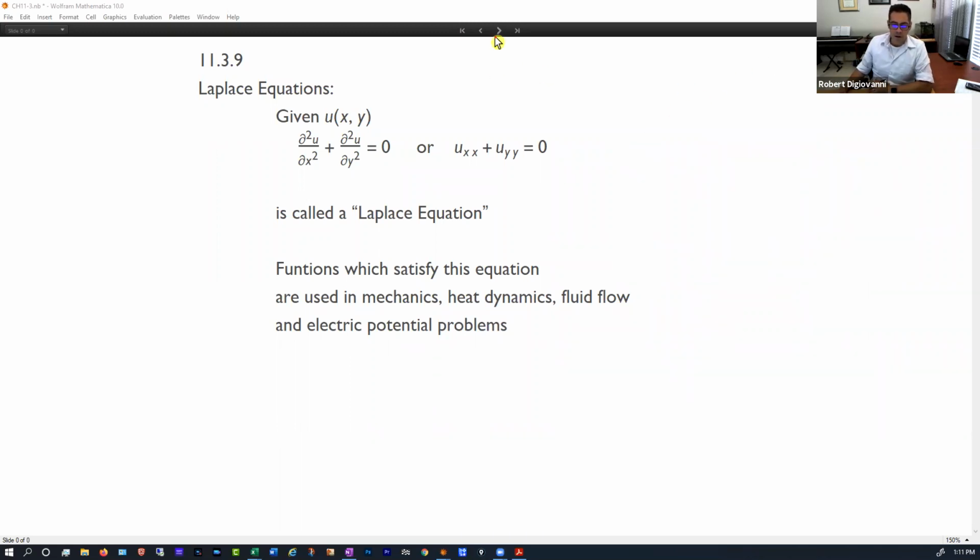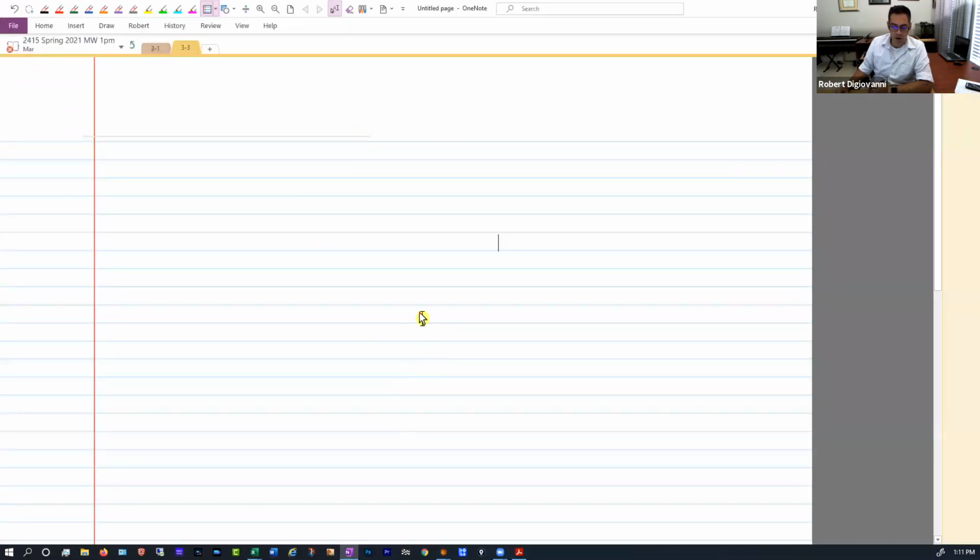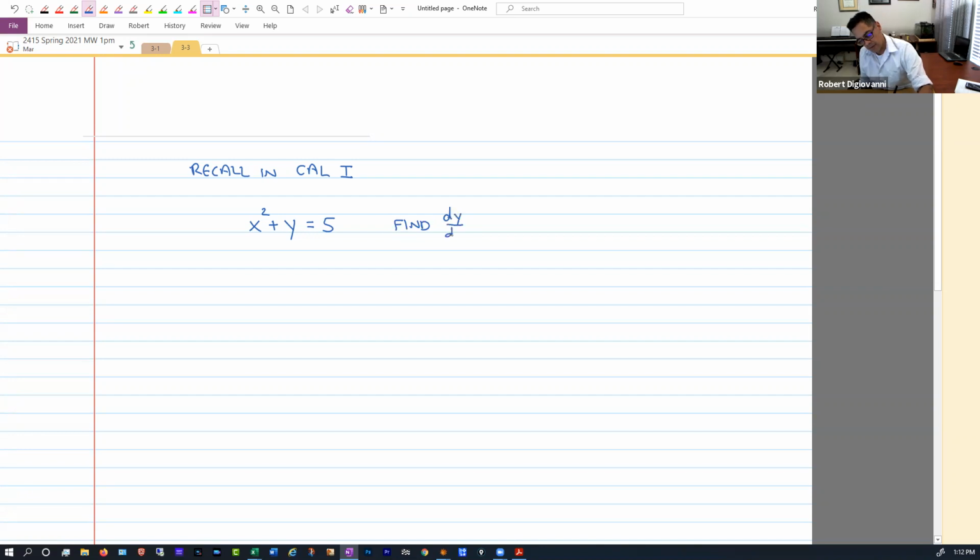All right, so we did that example. Now we want to talk about implicit differentiation. So recall from Cal 1, if we had something like x squared plus y equals 5, and we were told to find dy dx.